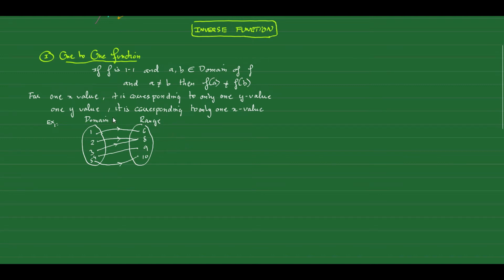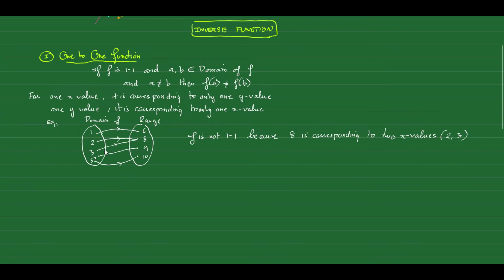So the function f here is not 1 to 1 because it corresponds to not 1 but 2 x values, which in this case are 2 and 3. Okay, so this is not a 1 to 1 function.